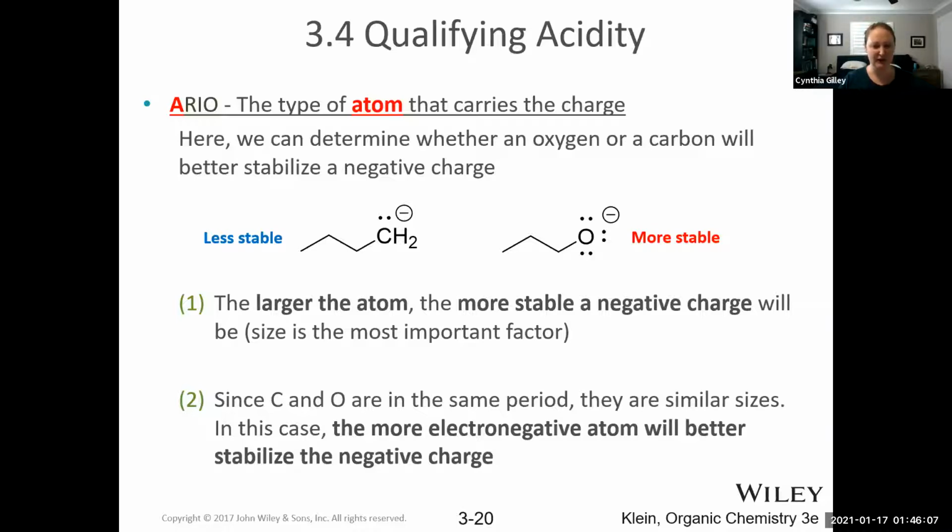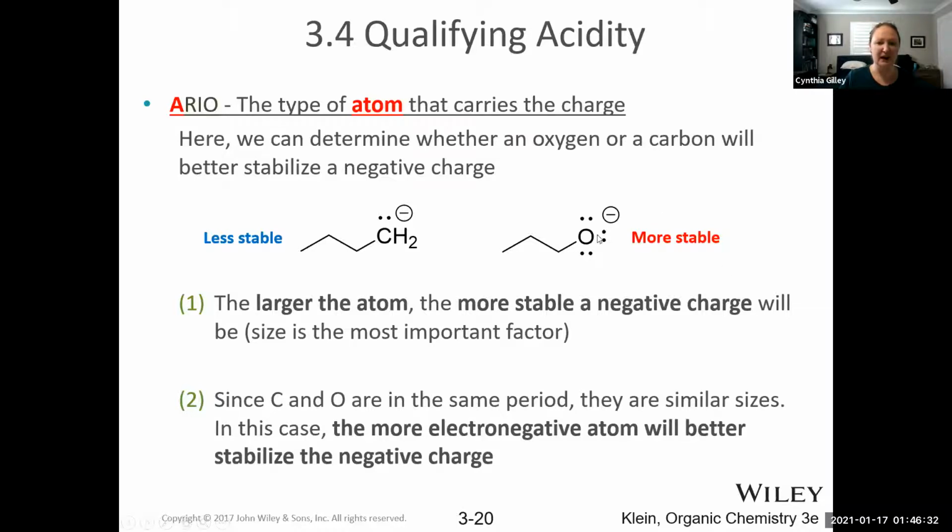We would say the lone pair on the sulfur atom is much more stable because of the larger size of sulfur than oxygen. But when we're comparing oxygen and carbon, there's not a significant difference in size because they're both second row elements. Instead, what we're going to use is an electronegativity comparison, which is a less important factor than size, but still important if there's not a significant difference in size.